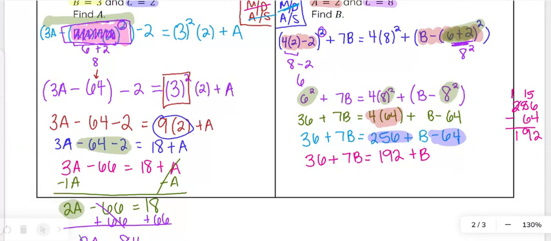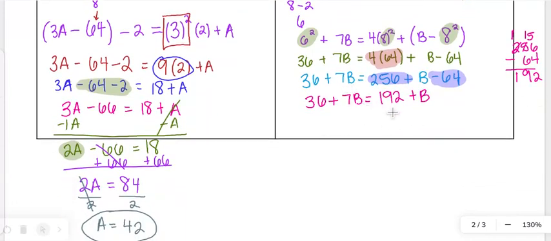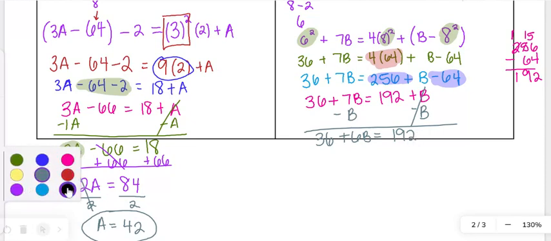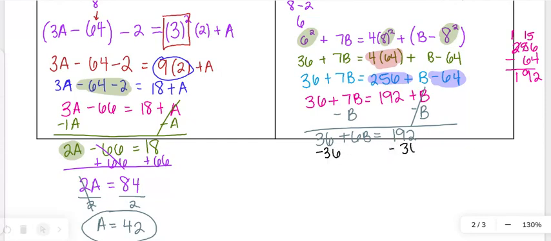At that point, we want to do what we did on the last one, where we start to get our variables together on the same side, because we've now done all of our order of operations within each side. So we subtract b from both sides, and that gives us 36 plus 6b equals 192. And then from there, we subtract 36 so that we can start to get this 6b completely by itself.